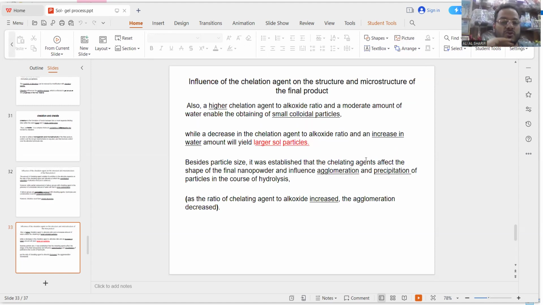Now, let's talk about when a higher gelation agent to oxide ratio happens, it produces small colloidal particles.